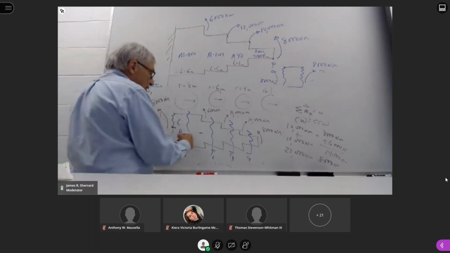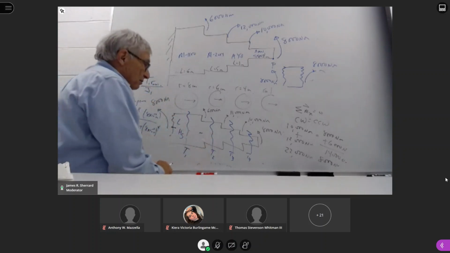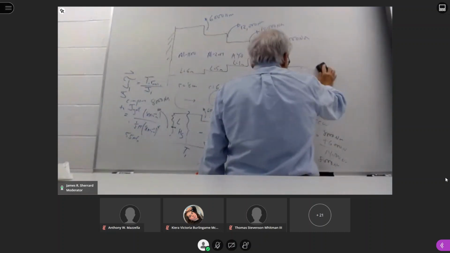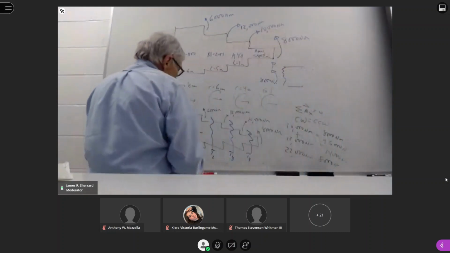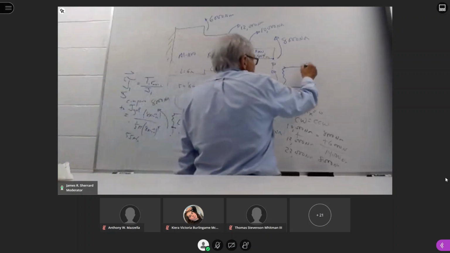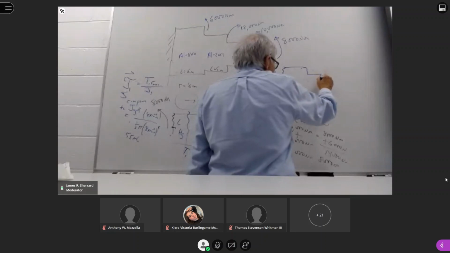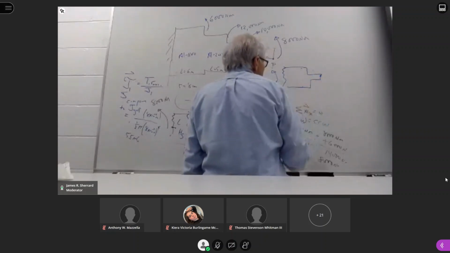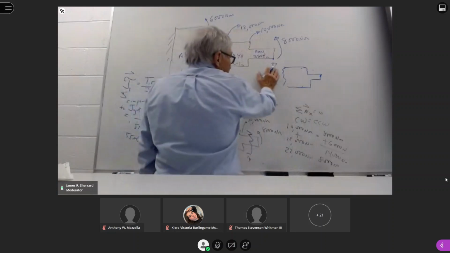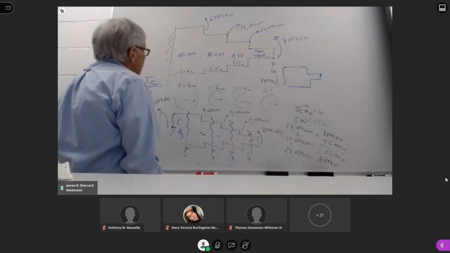I'm going to do the same thing for region 2. In fact, I could just sketch that in very quickly. Again, in this case, I'm cutting it anywhere just to the right of there, just to the left of there. So I sketch it, then I draw on any given forces, moments, torques, couples.